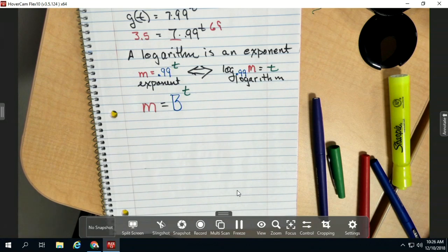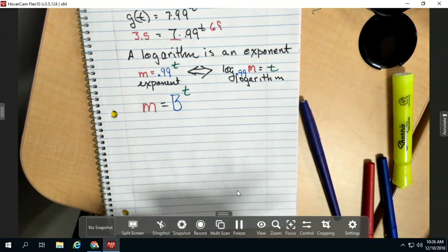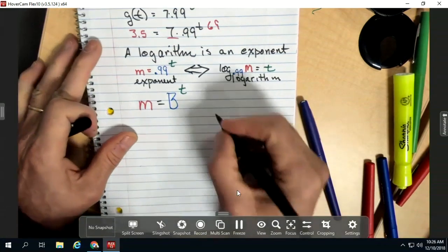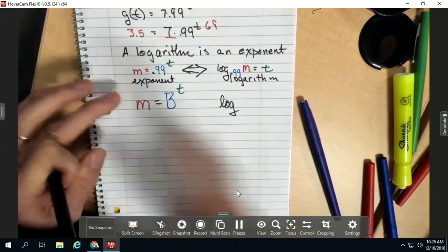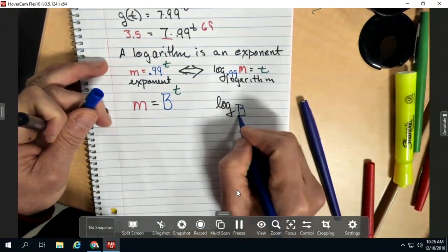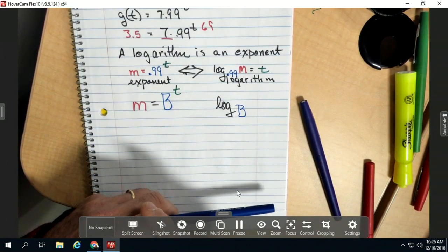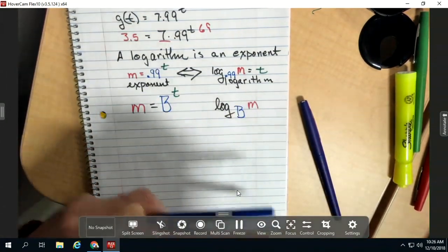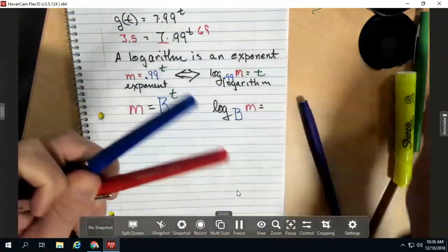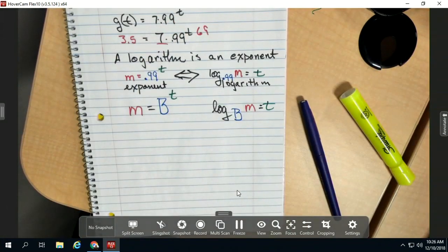I have to think if I can think of an exponential function that is based on something other than time. Nope, can't think of one right off the bat. Look it up, extra credit. Okay. Log base b of m equals t. The logarithm is always the exponent.